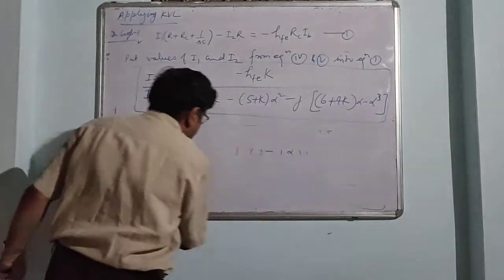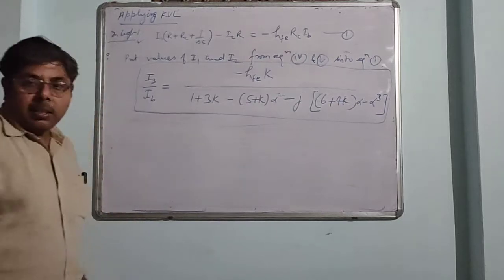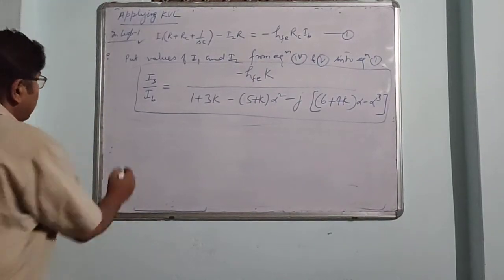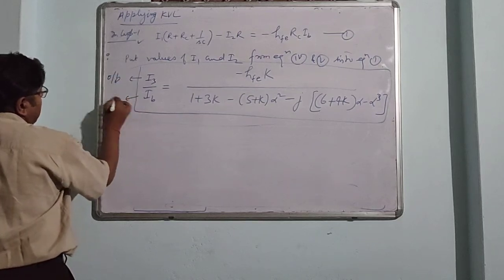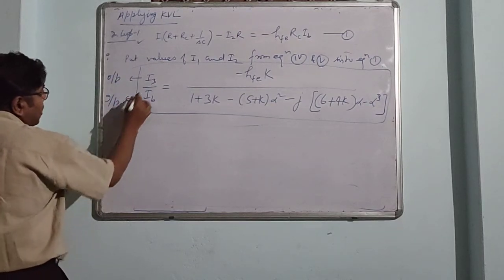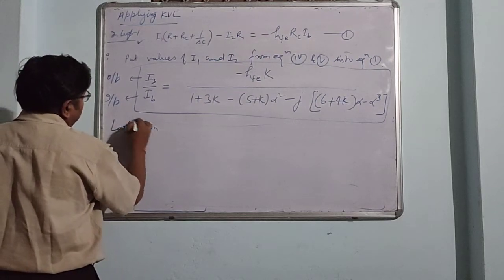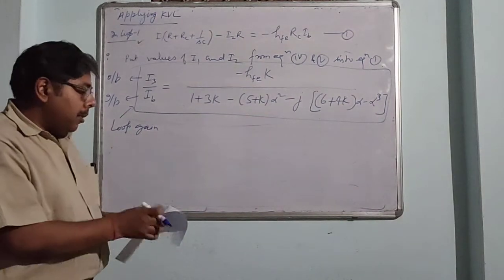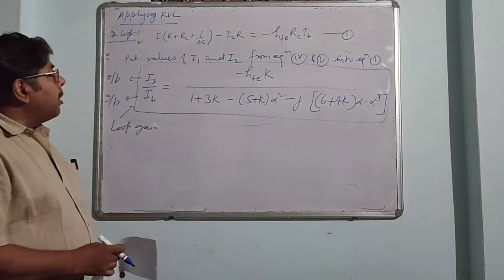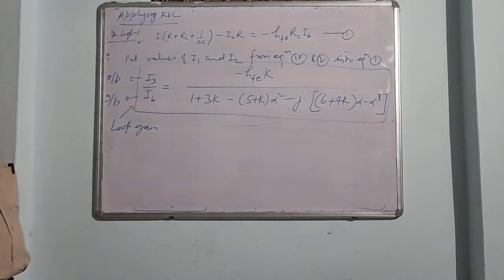Actually, this term is the loop gain because I3 is the output current, and this is the input. So this is the loop gain. This loop gain must be a real quantity to satisfy the Barkhausen criteria.